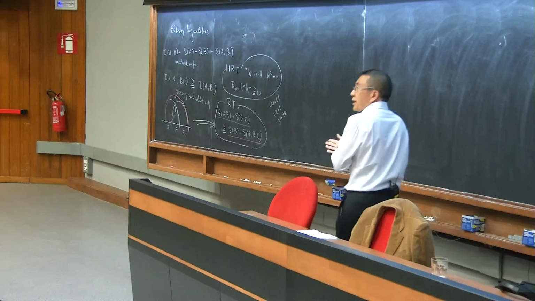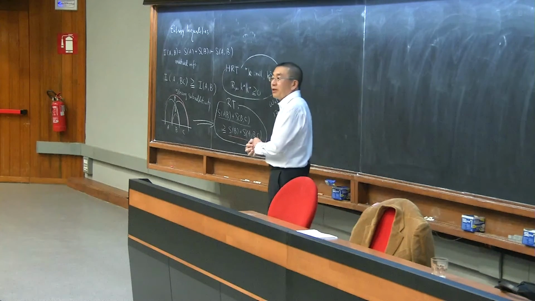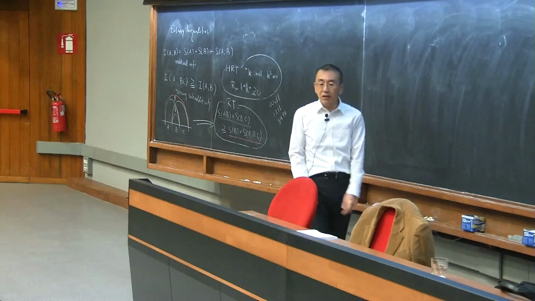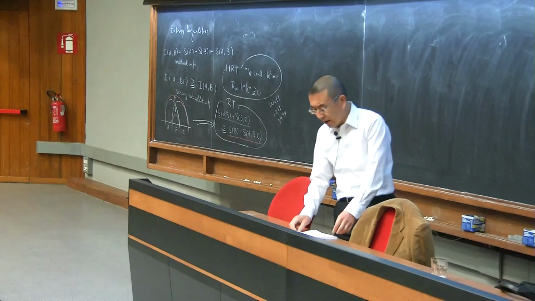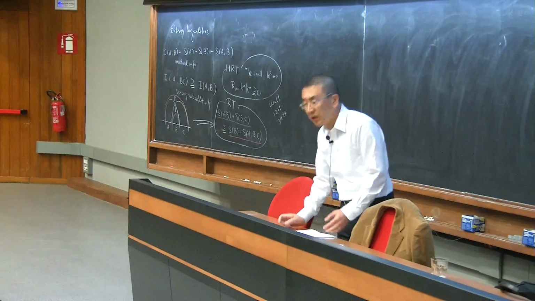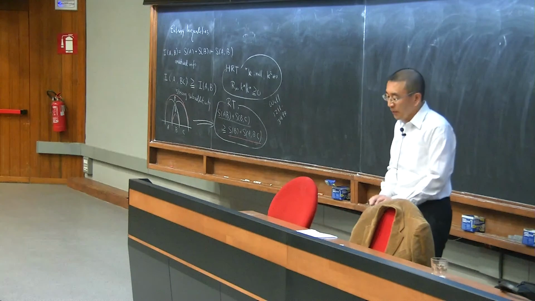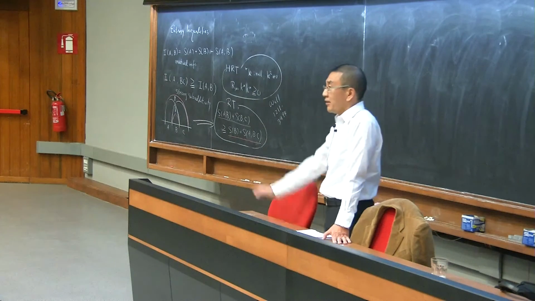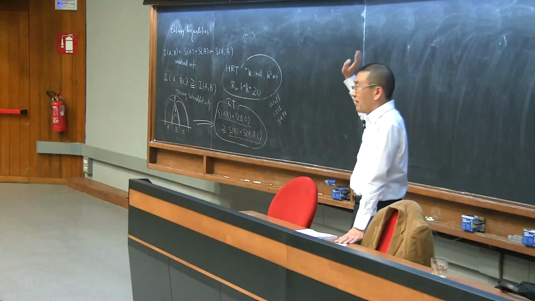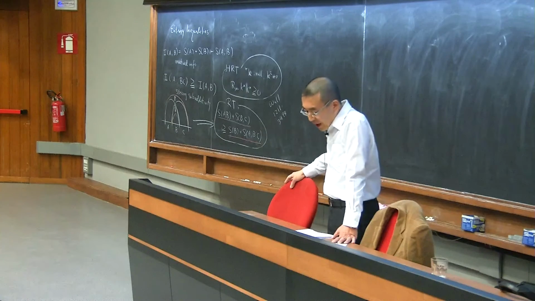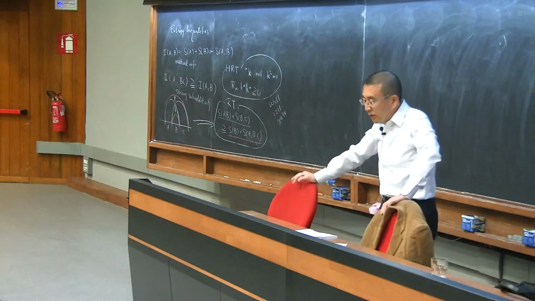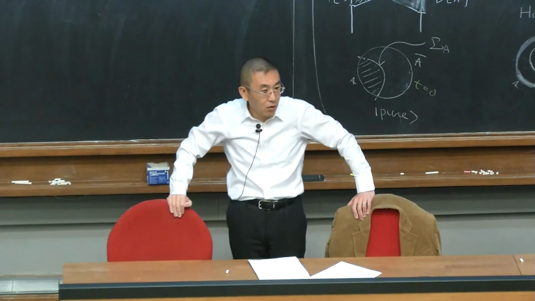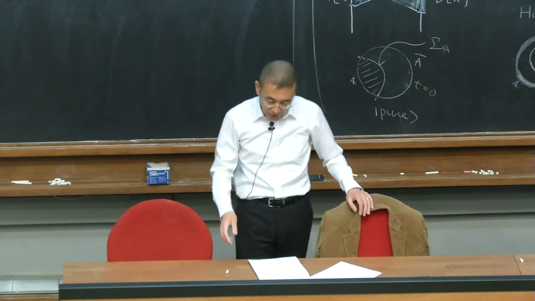And you can ask, are there any other inequalities you can derive for the Ryu-Takayanagi formula? And in fact, understanding entropy inequalities in general is a very interesting question. It is known that for general Shannon entropy, that is the classical entropy that I talked about at the very beginning of my first lecture, it has been proven that there are infinitely many independent entropy inequalities for a general number of regions.